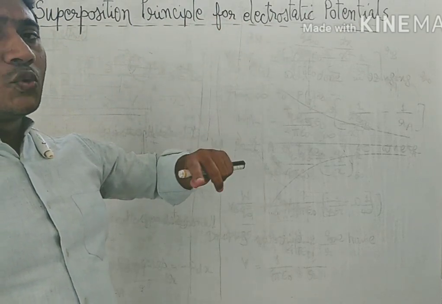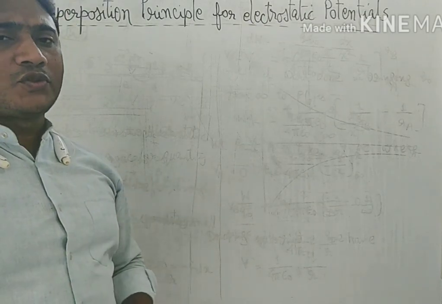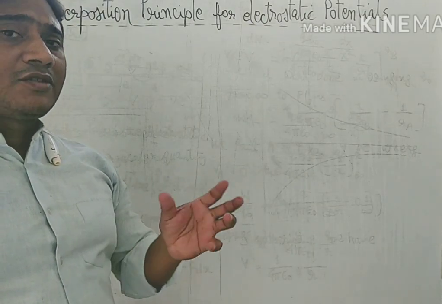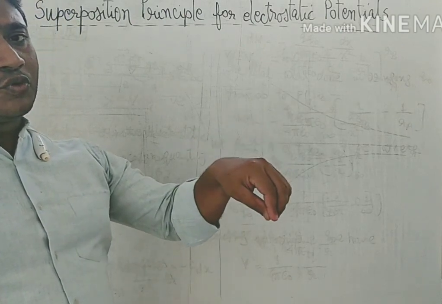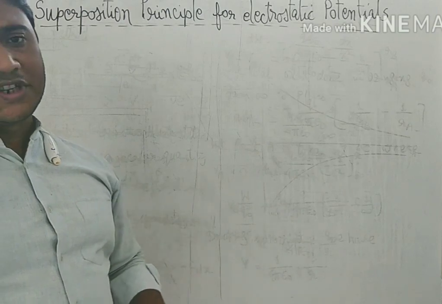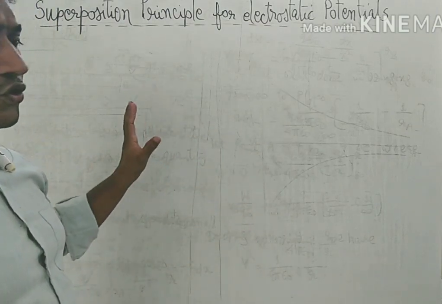It means we will be having the presence of multiple source charges, and in the presence of multiple source charges at a certain point, we will calculate the amount of electrostatic potential under this topic.